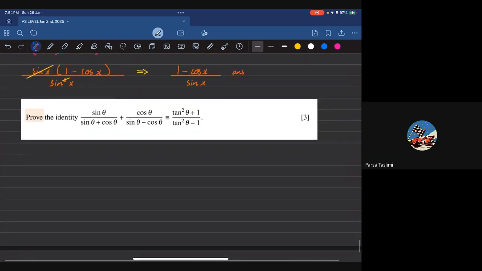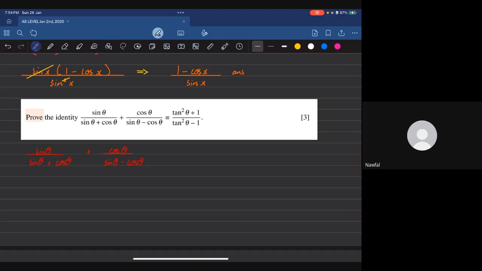Which side did you choose first of all, Nofal? Left. Okay, so Nofal chose sine theta over sine theta plus cos theta, plus cos theta over sine theta minus cos theta.